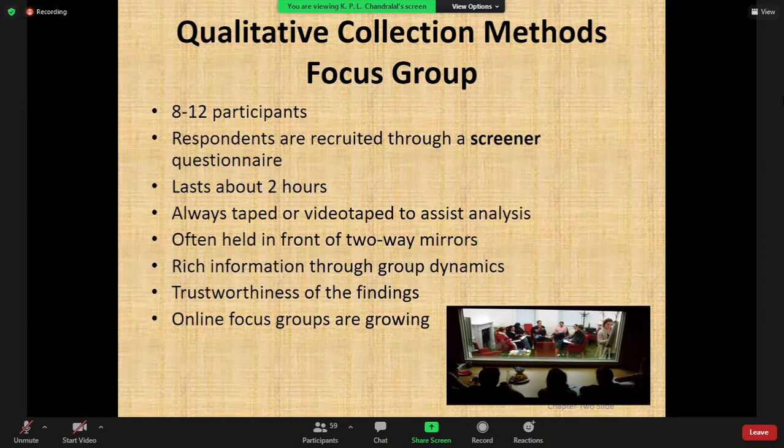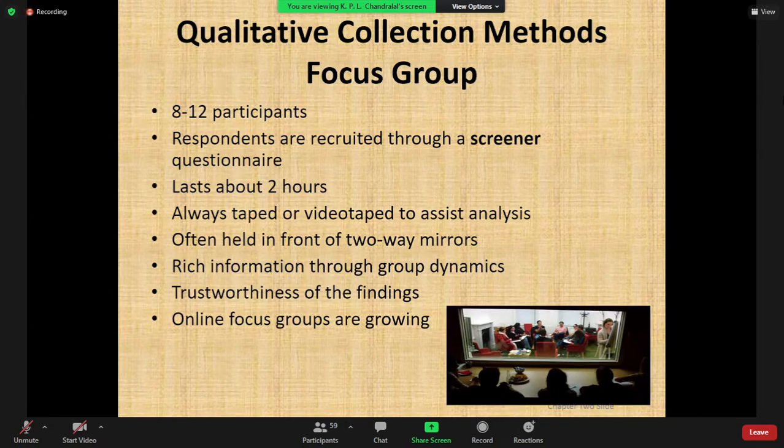That can further stimulate what I said before, then I can further add something. So there's a chain effect. People are adding new things to what others are saying. So during that group dynamics, perhaps the researcher may find very informative findings, rich information from the focus group discussion.